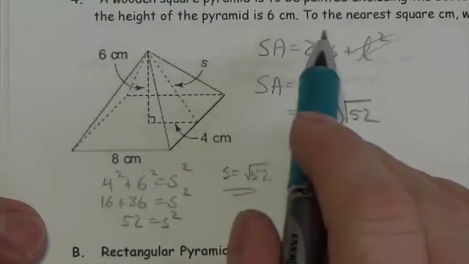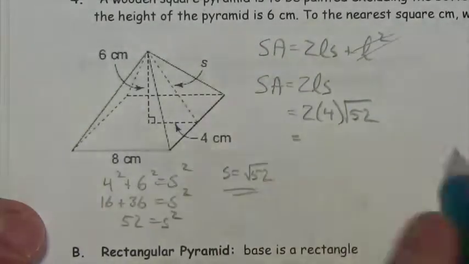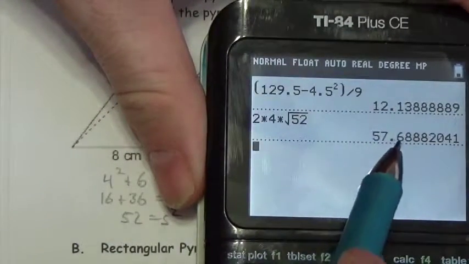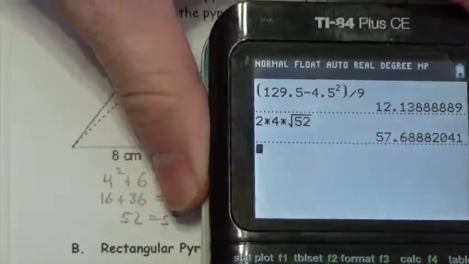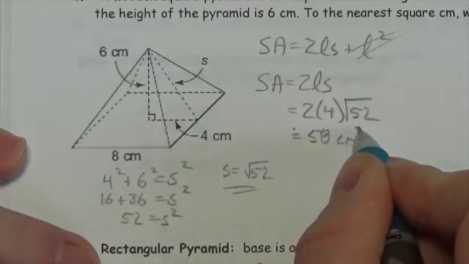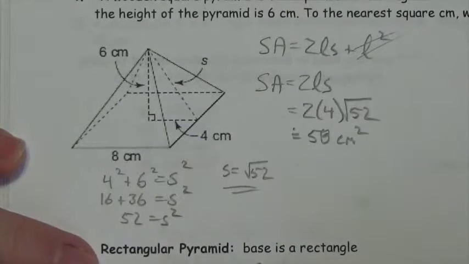And what does it say here? To the nearest square centimeter. Well, I'll show you what I got there. It's going to be 57.688, so 58 square centimeters. So approximately 58 centimeters squared is what would be painted in this question.